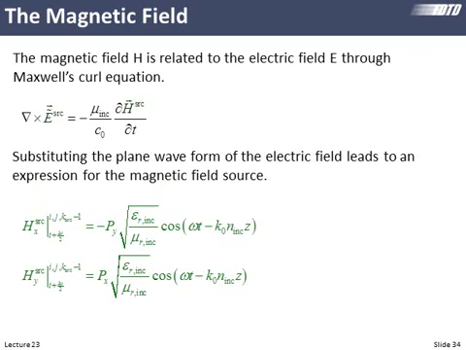But the magnetic field component's a little bit different, and we calculate that from Maxwell's equations, where we'll put in our expression for E and we'll get out an expression for H. And when we work through that, here's where we end up. So notice the x component of the magnetic field gets information from the y component of the electric field. Likewise, the y component of the magnetic field gets some information from the x component of the electric field. So notice that crosses here.